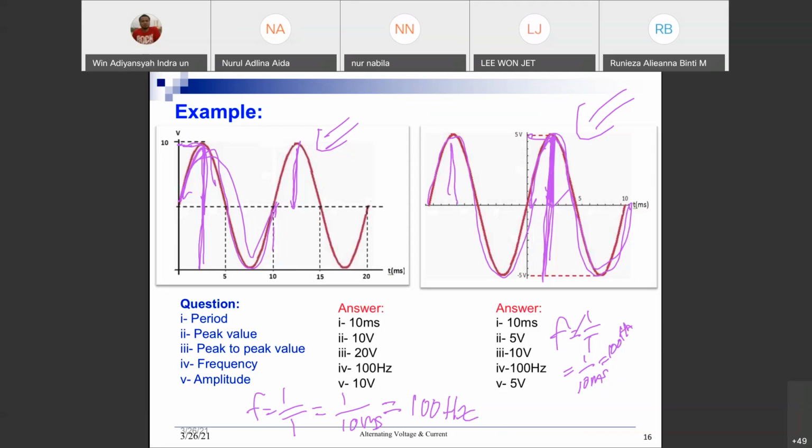Oh, this one. Okay. Peak value. Peak value is then, oh, this one, peak value.